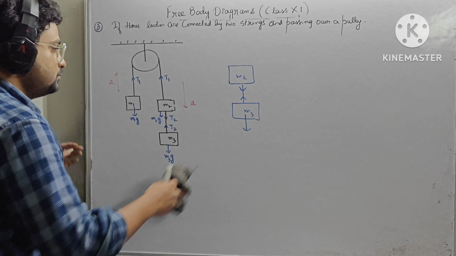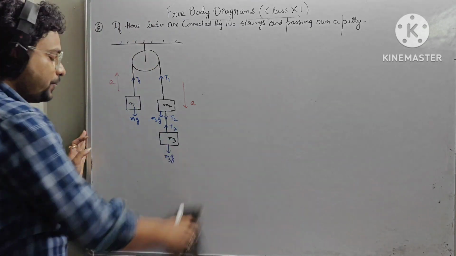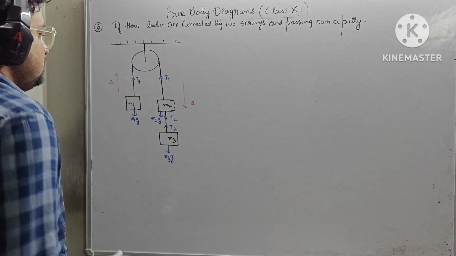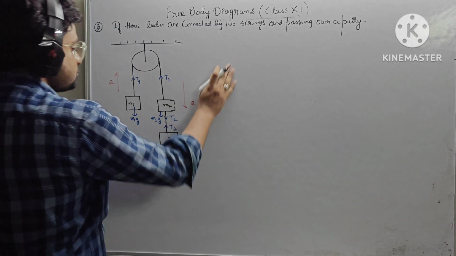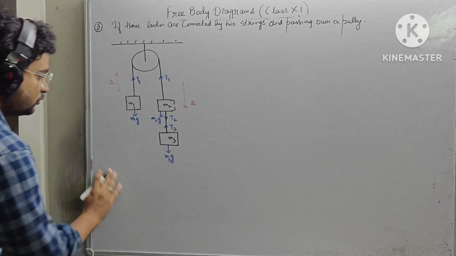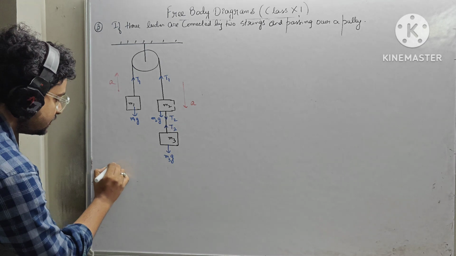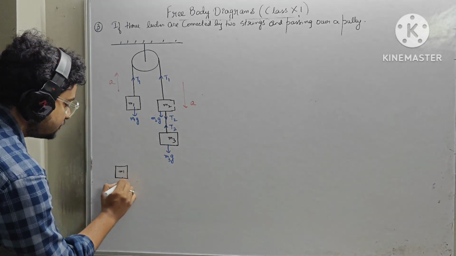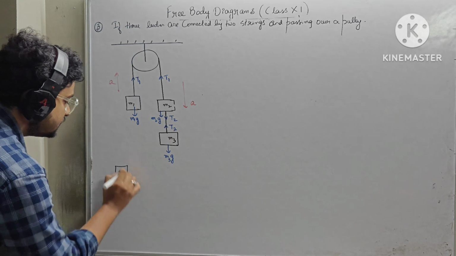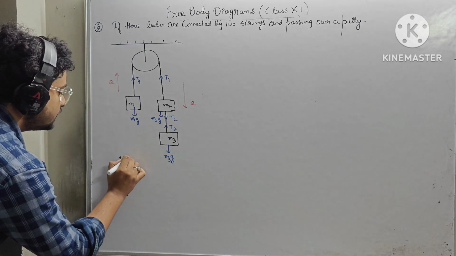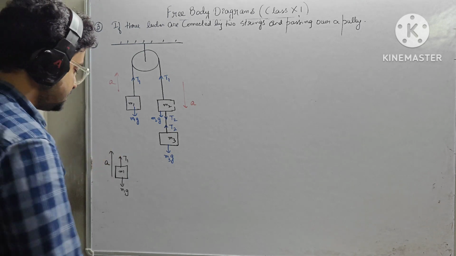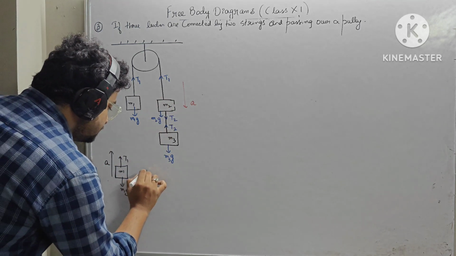Now if I draw the body separately, this is our one body M1 where I am drawing. So M1, what are the forces? M1G, and here we have T1, and this is the acceleration. Second body M2.